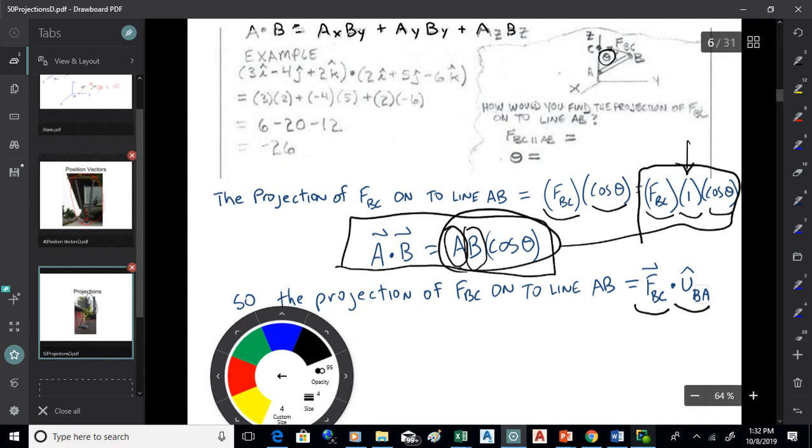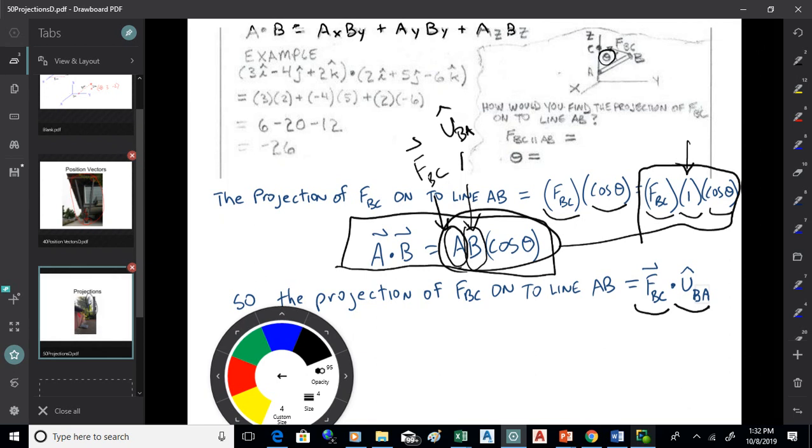If I do that, the B part of my term there will just be 1. What that is, U BA. And then when I do that dot product, I get the cosine of the angle in between. Okay? So to find the projection of FBC onto AB, I'm going to take FBC dotted with U, unit vector BA. That's what I'm going to do.